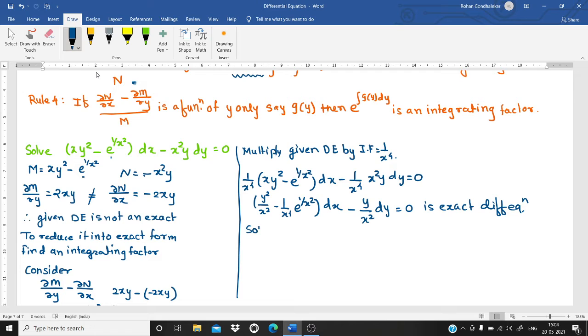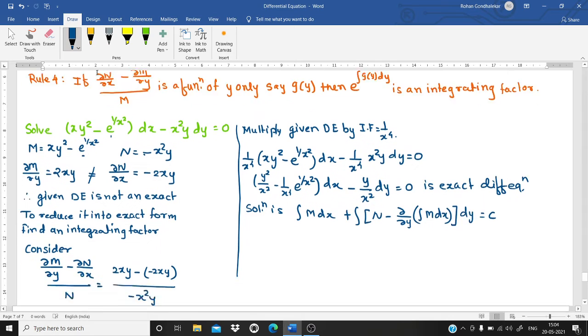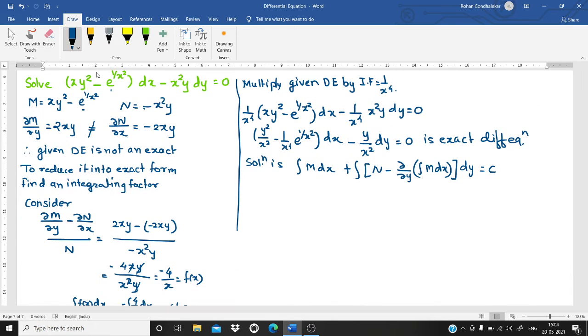Okay, therefore the solution is integral M dx plus integral of N minus ∂/∂y of integral M dx, and the integration is with respect to y, equals c. Now we are interested in calculating integral M dx.